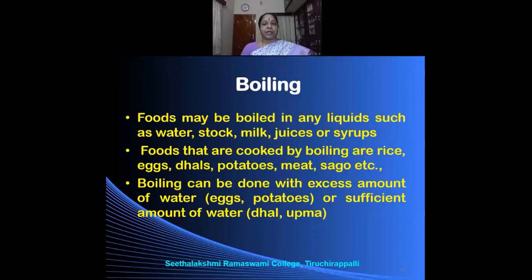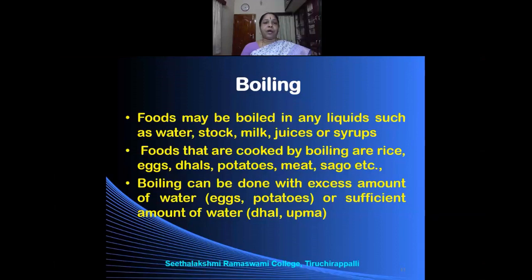Boiling can be done with an excess amount of water, like when we cook eggs and potatoes. We take plenty of water in which the egg and the potatoes are cooked. Or it can be cooked in a sufficient amount of water. For example, in cooking rice, cooking dal, or preparing upma, we add adequate water.